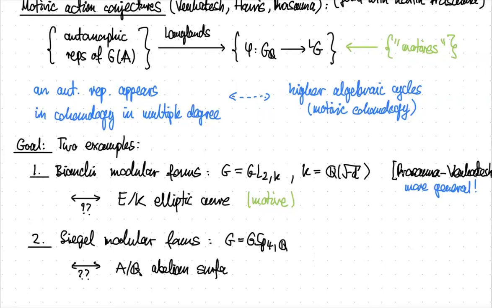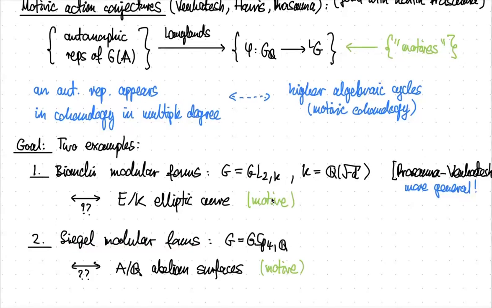This was figured out by Brumer and Kramer, and I want to defer the details to that paper. But let me just broadly say that the motive you should have in mind here is an abelian surface, because I will be looking at Siegel modular forms of weight 2 once again.